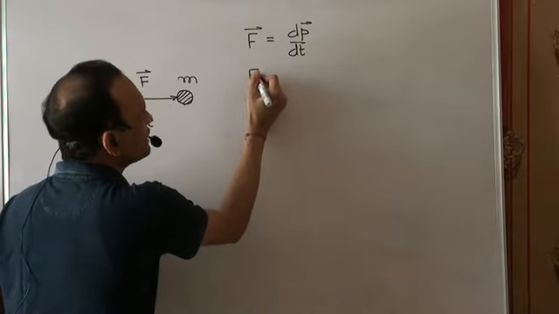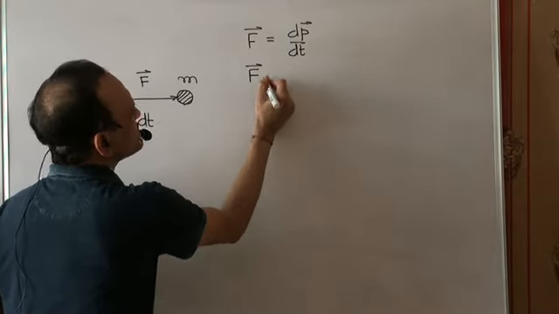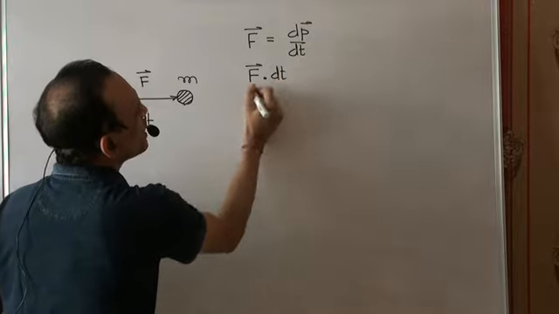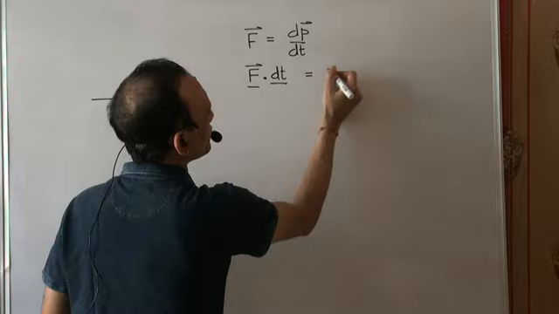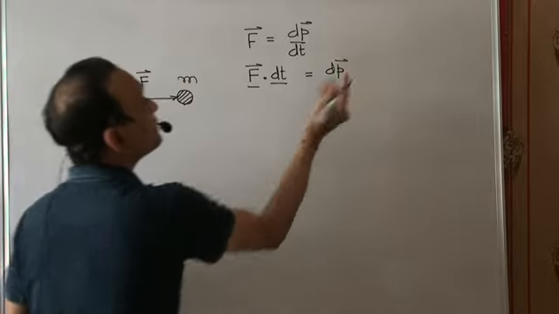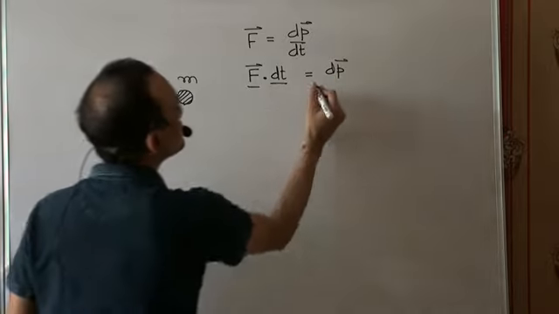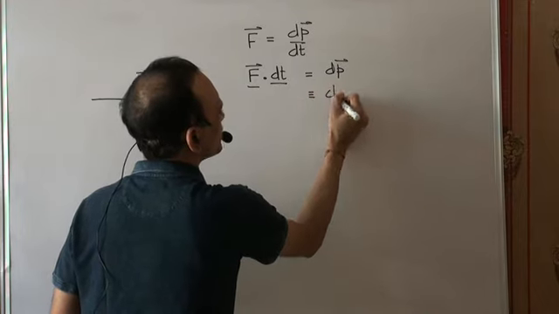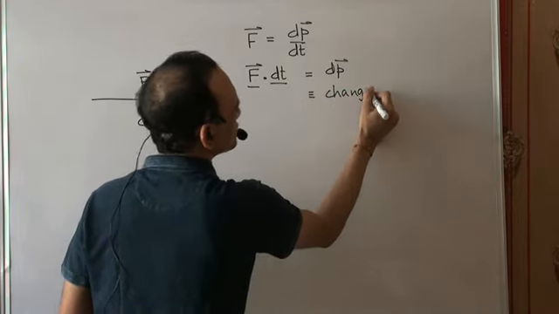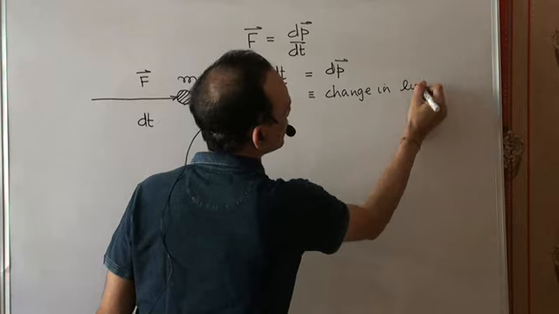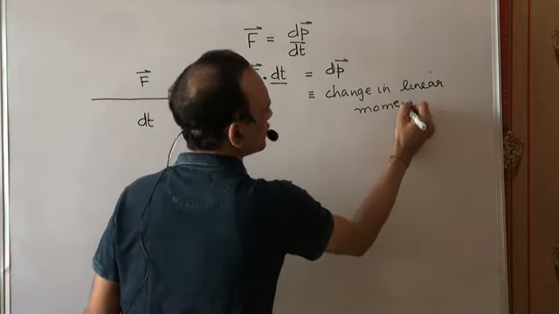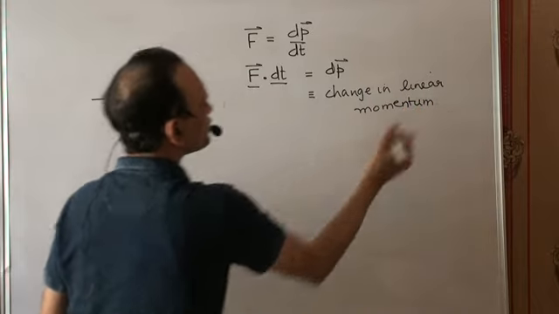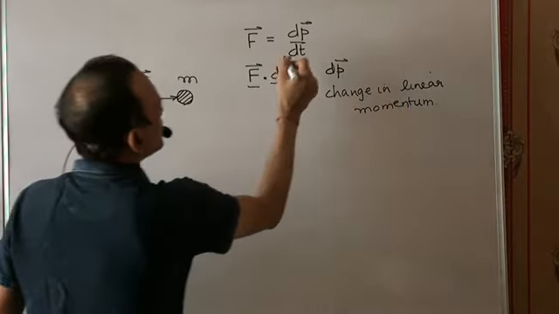And this F into dt, which is the impact of a very large force acting for a very short time, was dp. dp was what? dp was change in p. Change in p is change in linear momentum. And that's the impact.